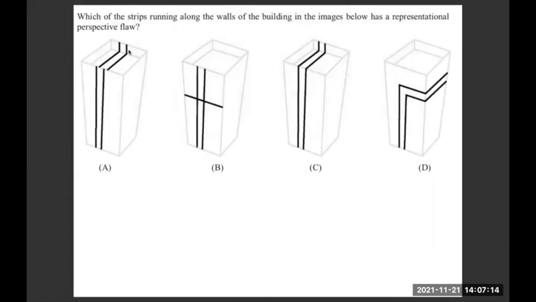So here you are given these 4 figures which are showing some kind of perspective. What you have to find is which figure has a perspective flaw, where the perspective is flawed. Which figure has a flawed perspective? Very easy.